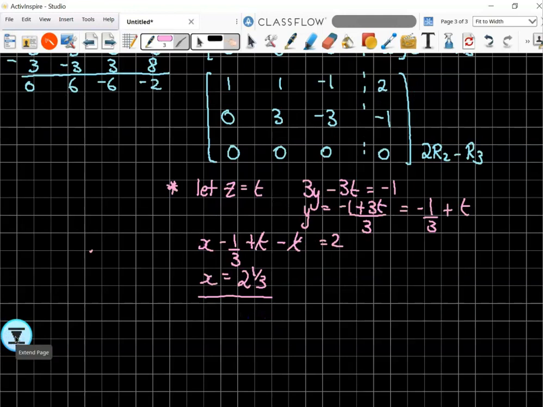Most of the time, X will normally have a T as well, but in our case, it's just like so. And that's our equation that they meet in a line, or infinitely many solutions. T can be anything. Time for notes page.